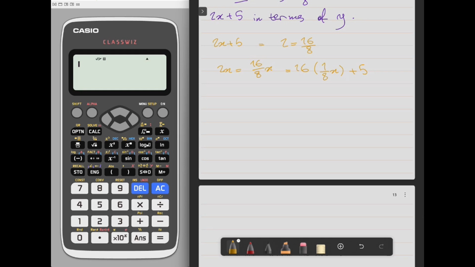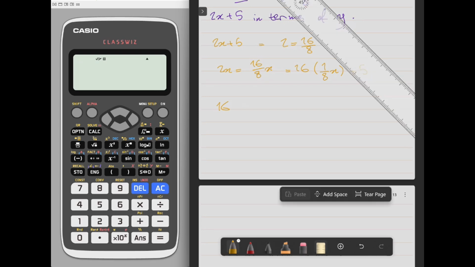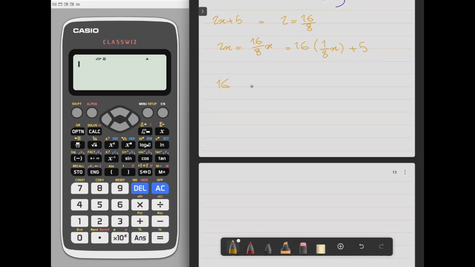So the thing that you can do here is to make use of the laws of indices again. How? Guys, I know that any number to the power of 1 is itself. So you can write 16 times 1 over 8x to the power of 2 over 3, to the power of 3 over 2.